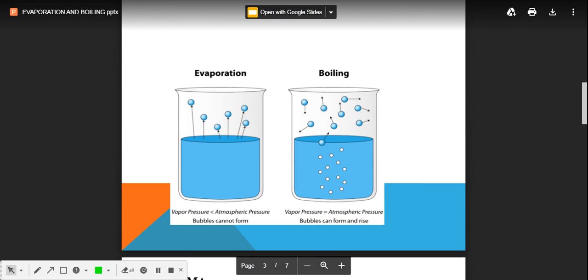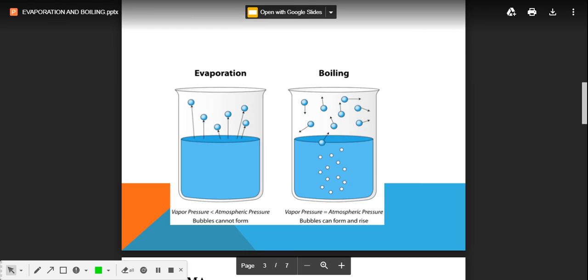So let's see the figure for a better understanding of the concept of boiling and evaporation. In this figure, you can see only the surface molecules are getting excited as they have the kinetic energy. Are you able to see this figure? Yeah. So vapor pressure is less than atmospheric pressure in this case, so bubbles are not getting formed over here. In case of evaporation, I am talking about.